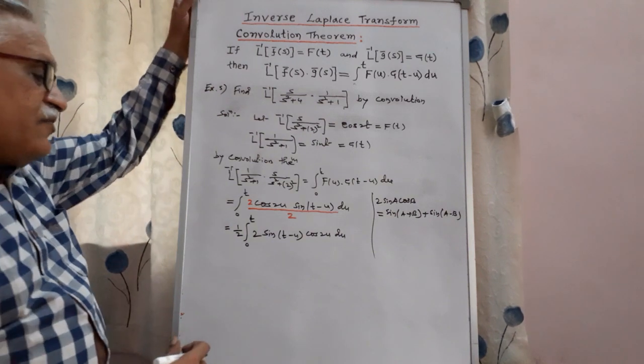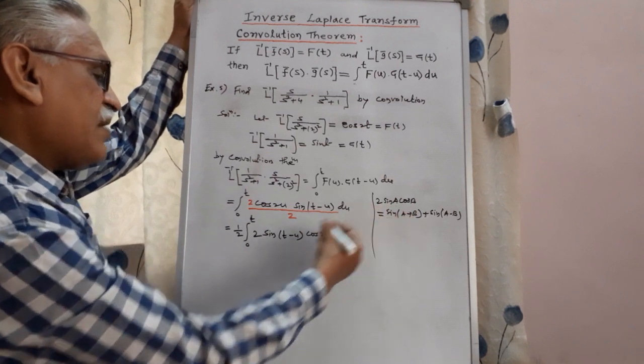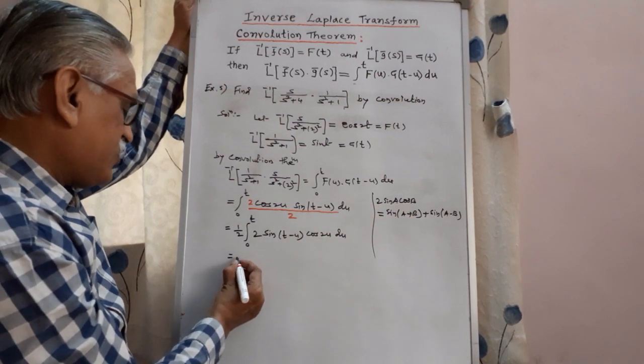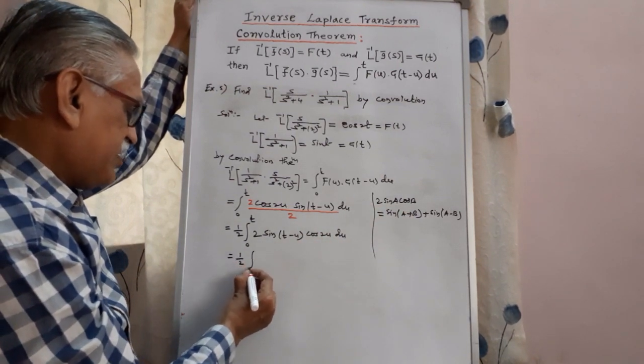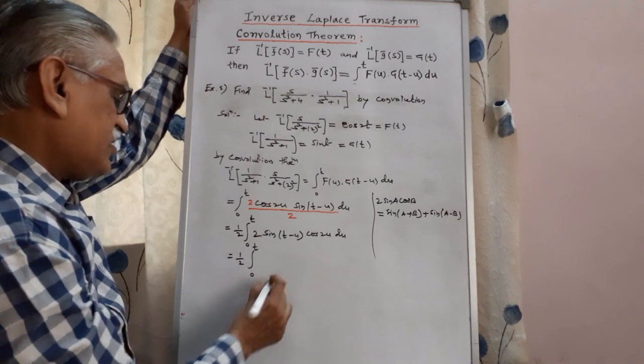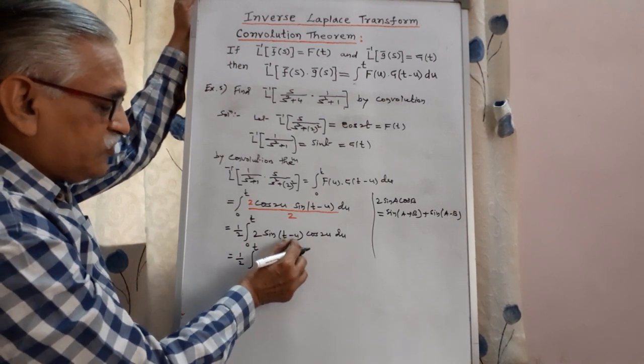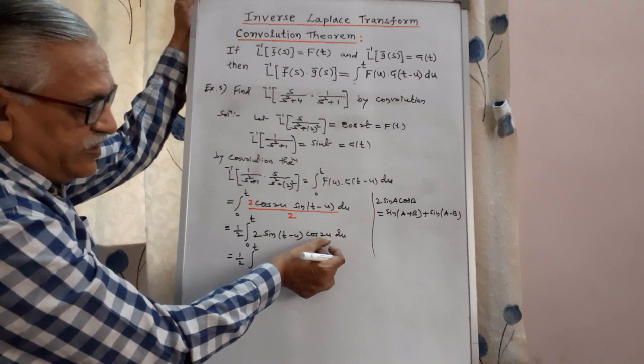Okay, and therefore applying that, it is 1 by 2 integral from 0 to t 2 sine a cos b. This one is a and this one is b.